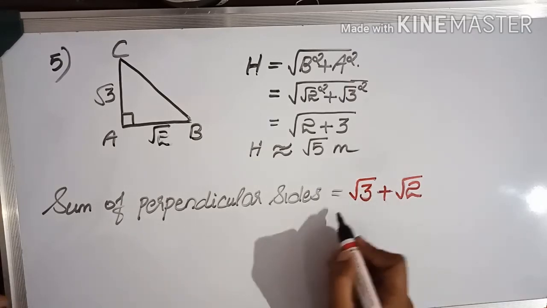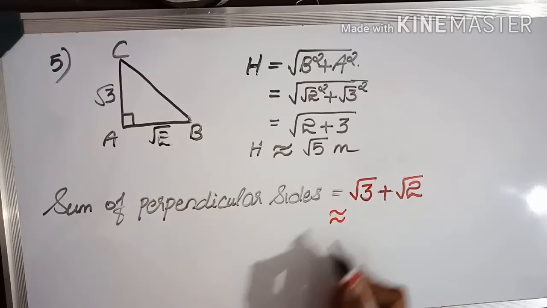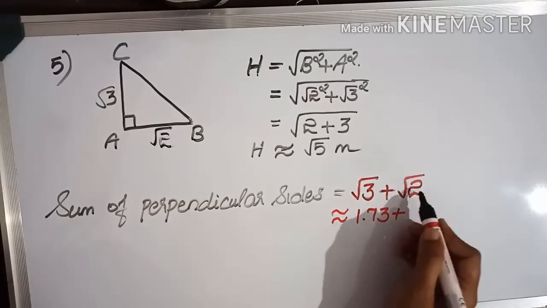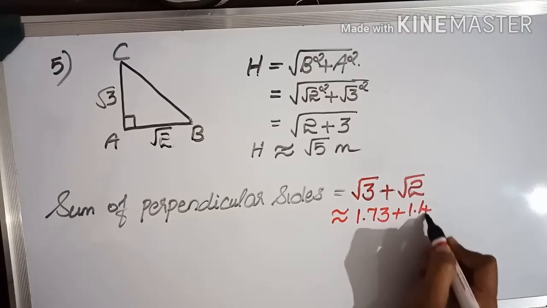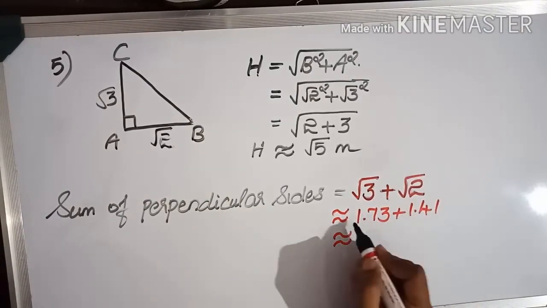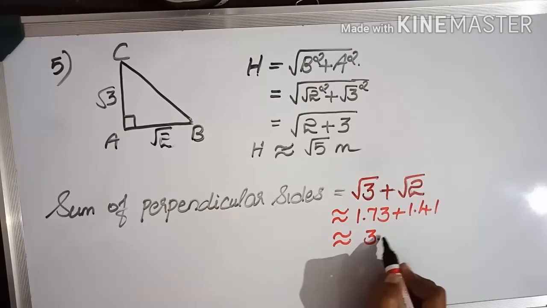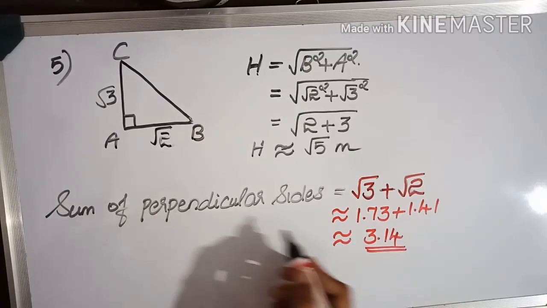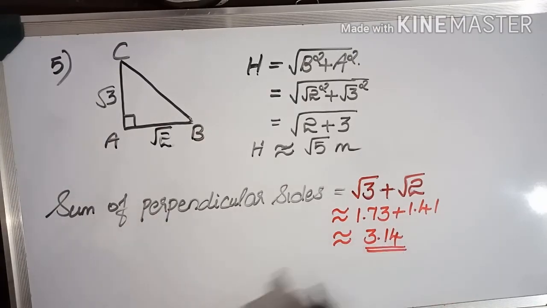What is the approximate value? Root 3 is 1.73 plus root 2 is 1.41. Now this is approximately equal to 3.14. So the sum of the perpendicular sides is approximately 3.14.